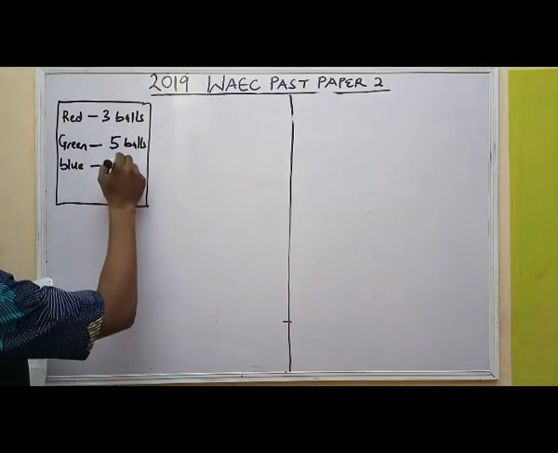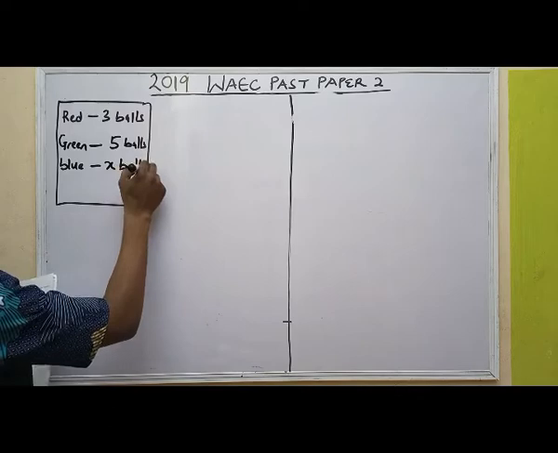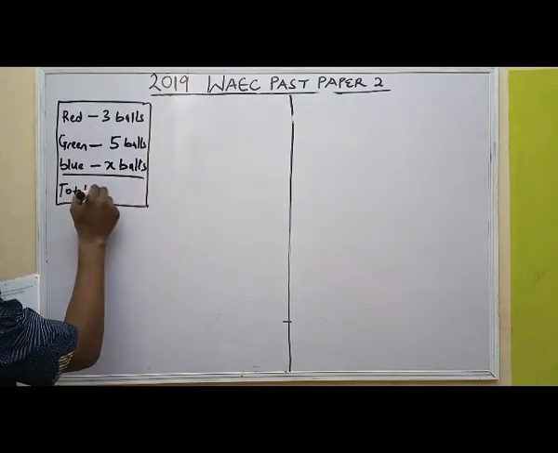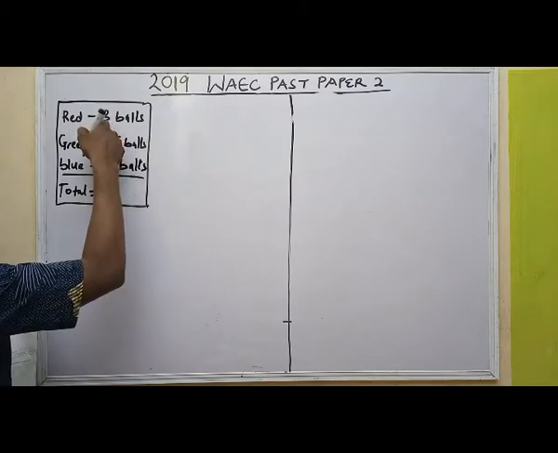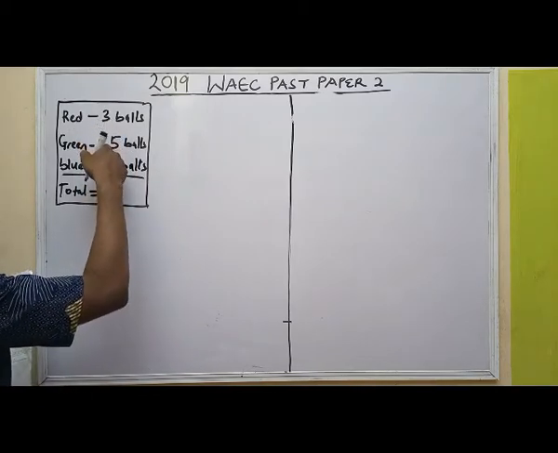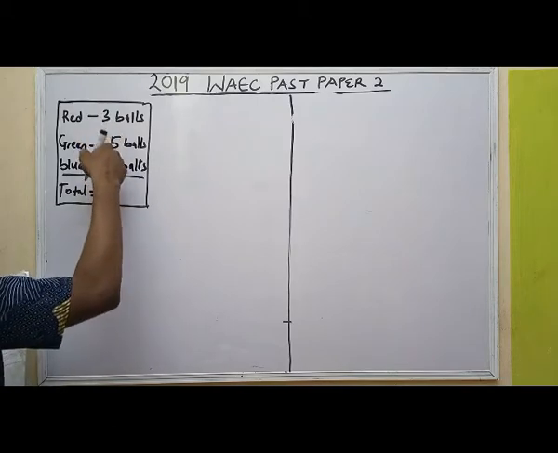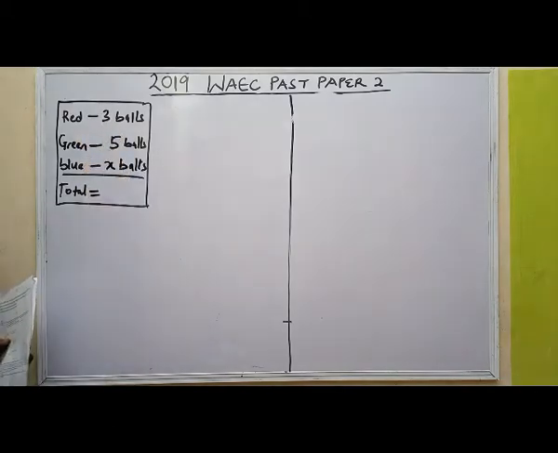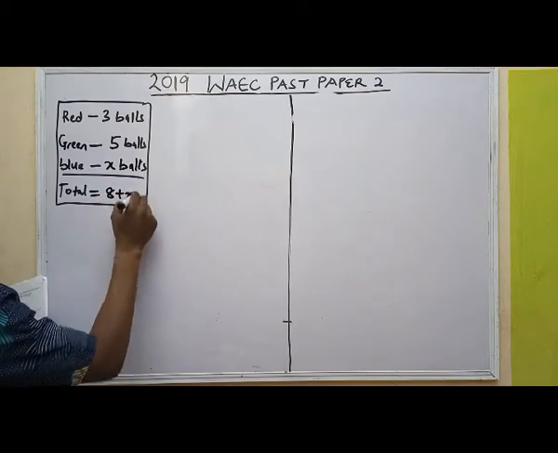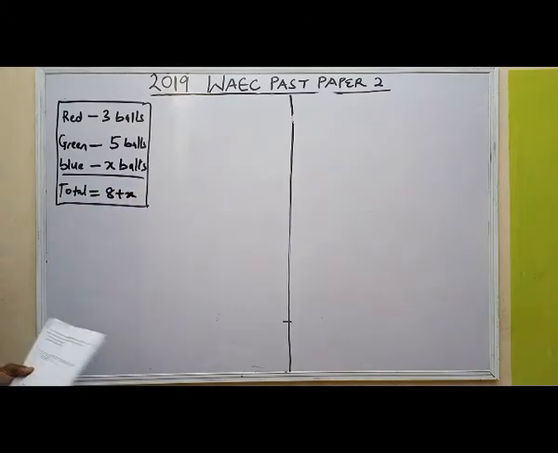So let's say x balls, that's an unknown value. Now I want to know the total number of balls. The total number of balls in the bag will be red plus green plus blue, which is 3 plus 5 is 8, plus x, so 8 plus x balls in total.